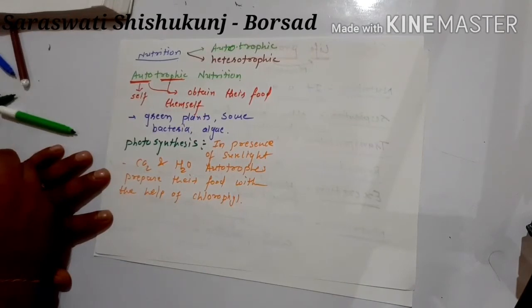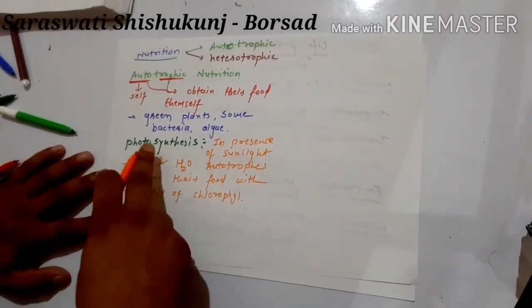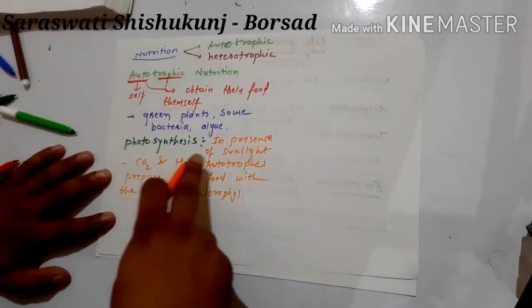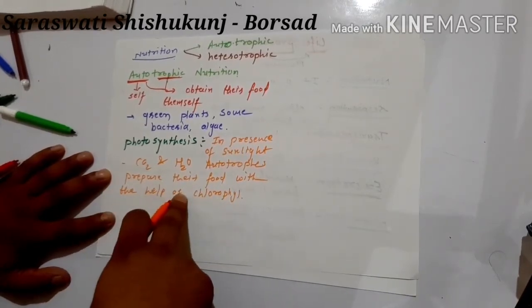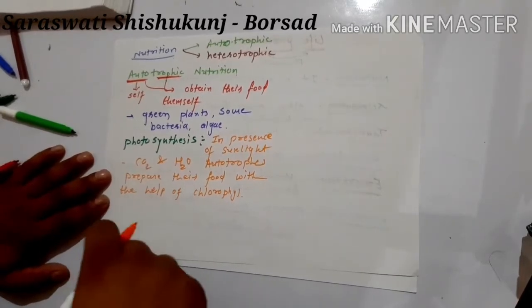So that is considered as the photosynthesis process. In photosynthesis, in presence of sunlight, by using carbon dioxide and water, organisms prepare their food by themselves by using chlorophyll.